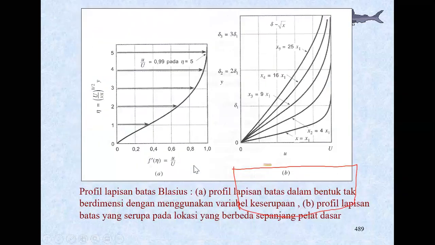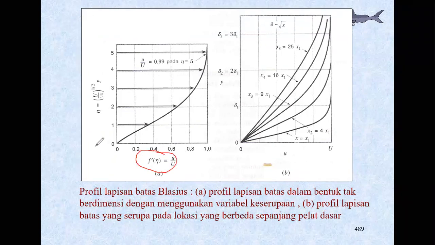And if we put the Blasius solution on the graph over here, this is the table value, u over capital U, and this is the eta function on the table. So for the velocity profile, you just plot until eta equal to 5, which is where you have the boundary.